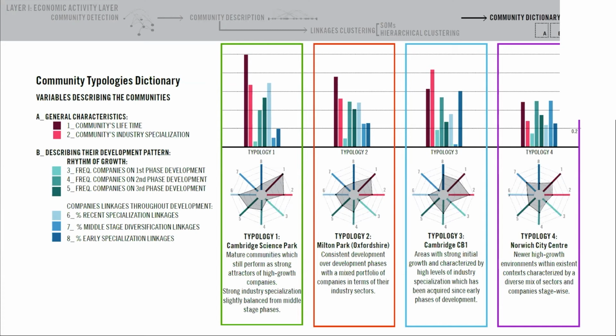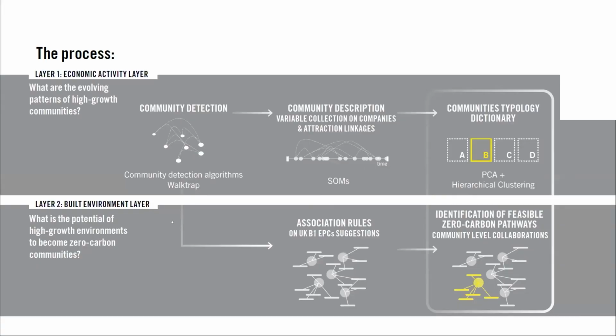So this whole exercise gives us some insight when we are working with our clients, and we understand how these employment locations, because most of them are employment locations, are performing in relation to each other. And now Minda is going to explain the built environment layer.